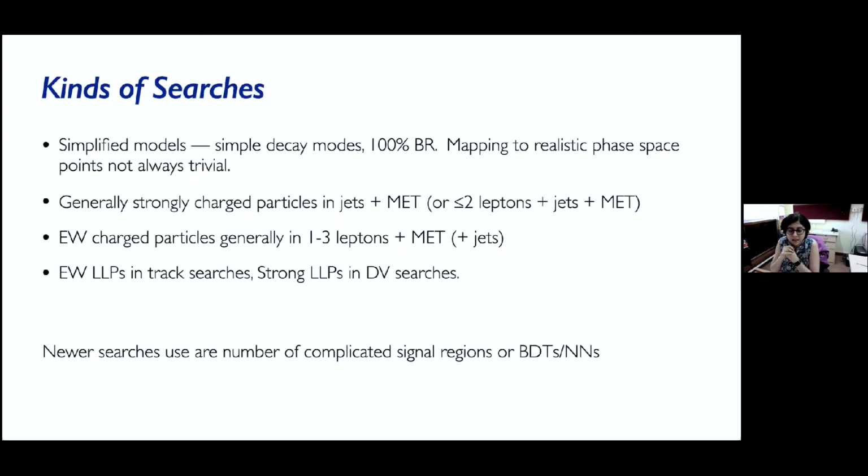And currently, both ATLAS and CMS use the trick of using simplified models, which simply means you choose the main particle that you want to produce, and you choose only one decay mode of the particle at a time. This is quite simplifying and allows you to cover all different kinds of possibilities of decay modes.